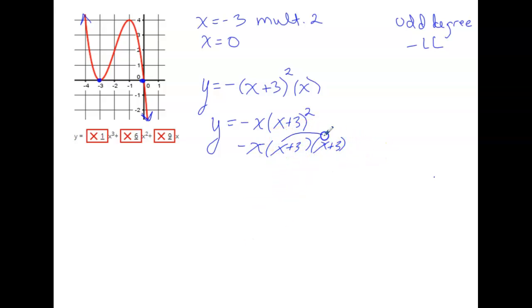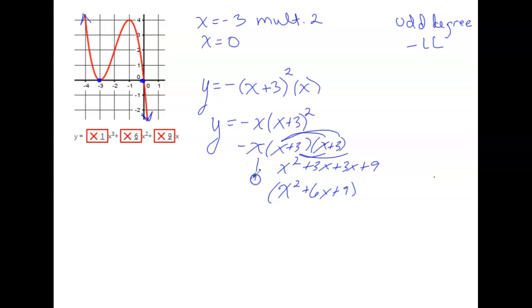So x times x is x squared. Then x times 3 is plus 3x. Then we have 3 times x is another plus 3x, and 3 times 3 is plus 9. So you can see then the middle here is always double when it's a perfect square trinomial, so that's going to combine then to be 6x plus 9 in the middle.